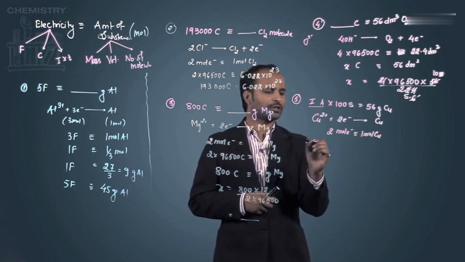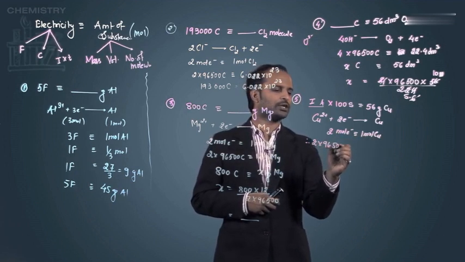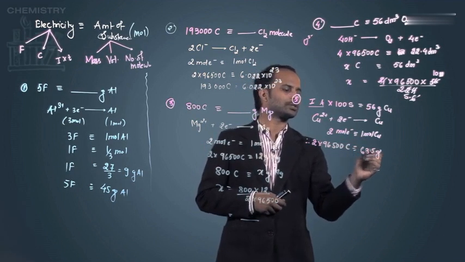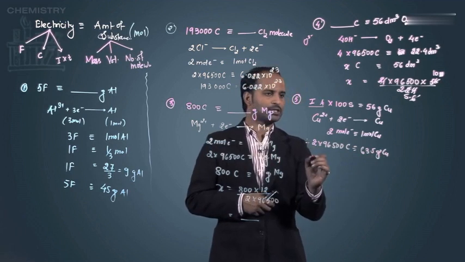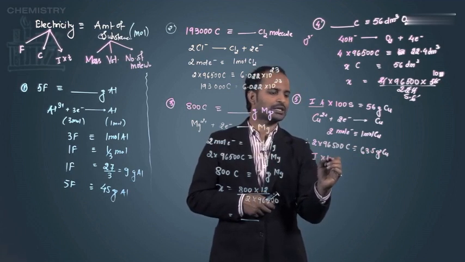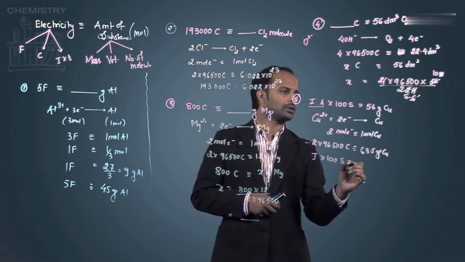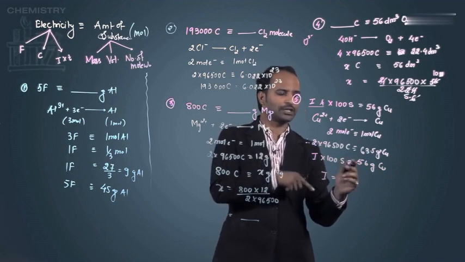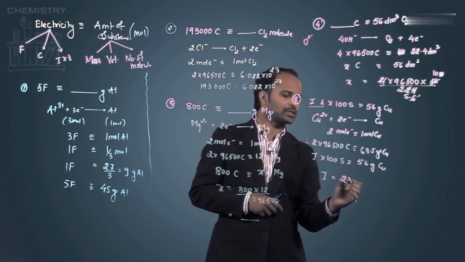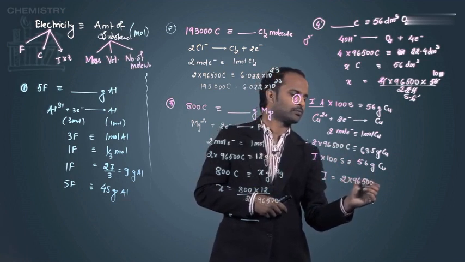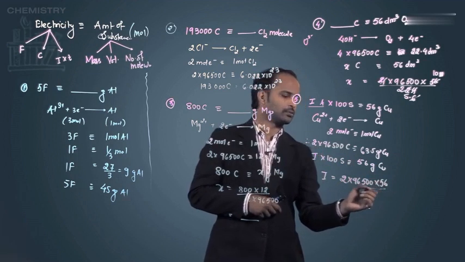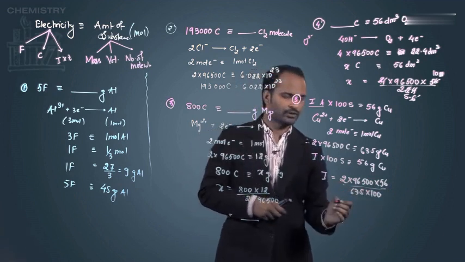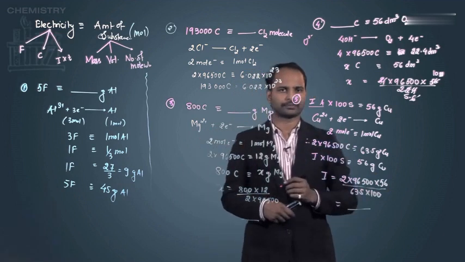So 2 into 96,500 coulombs is equal to 1 mole, that is 63.5 grams of copper, the atomic mass of copper. So if I pass I into 100 seconds, it is equal to 56 grams of copper. Cross multiplying, I is equal to 2 into 96,500 into 56 upon 63.5 into 100. So you will get a value for I.